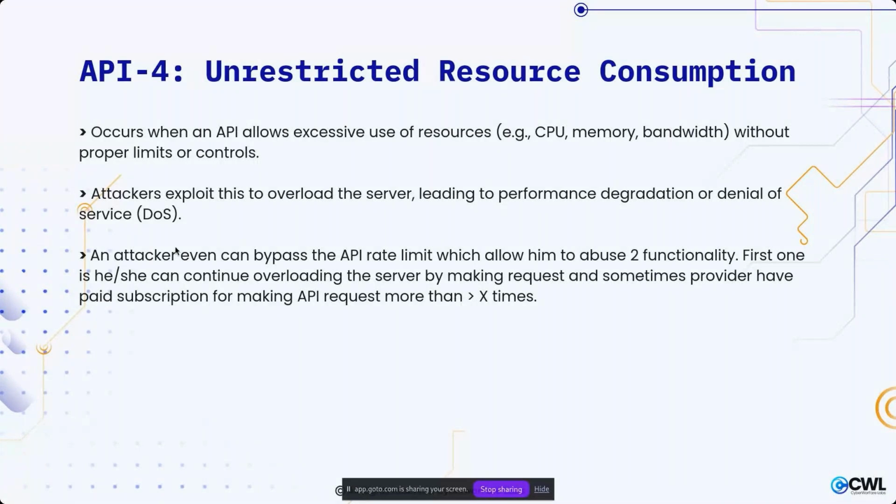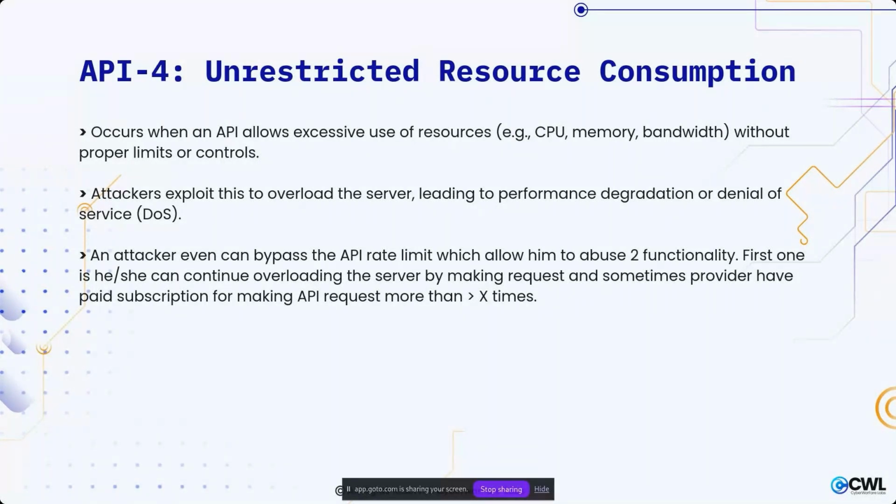Even an attacker can bypass the API rate limit, which allows him to abuse two functions. The first one is he can continue overloading the server by making requests, and sometimes providers have a paid subscription for making API requests. Most applications, like Spotify, have their own developer option. I'm not sure if Spotify's developer option is paid, but we can take it as a case.